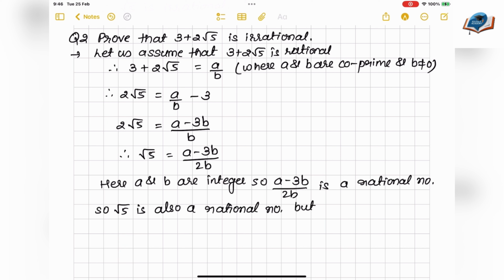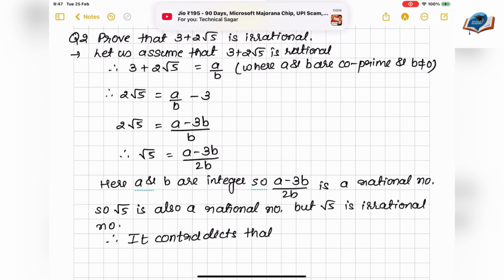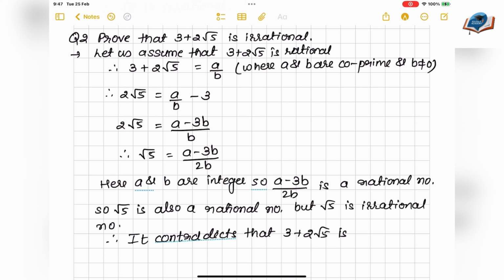But root 5 is irrational number. Therefore, it contradicts, so 3 plus 2 root 5 is irrational.